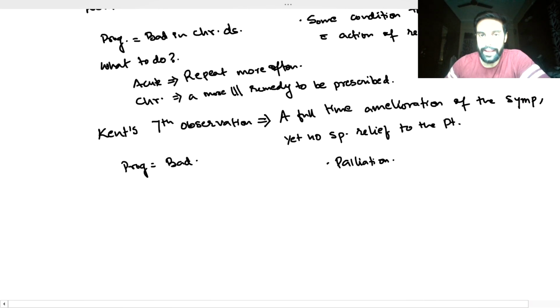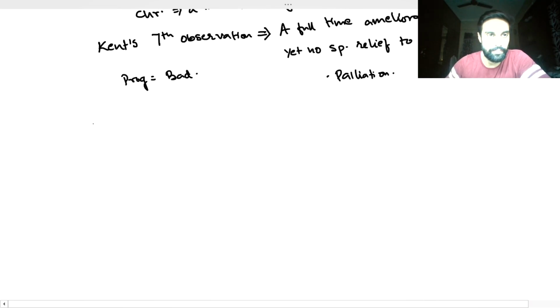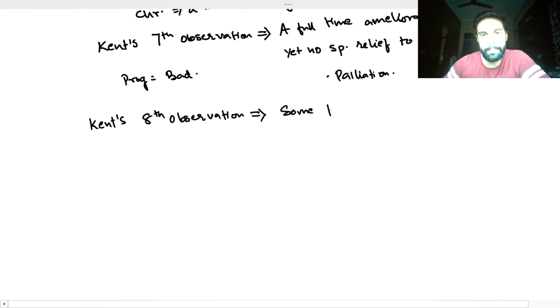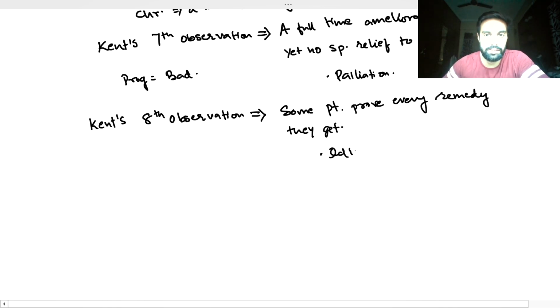Now Kent's eighth observation. Some patient prove every remedy they get. These are known as idiosyncrasies.